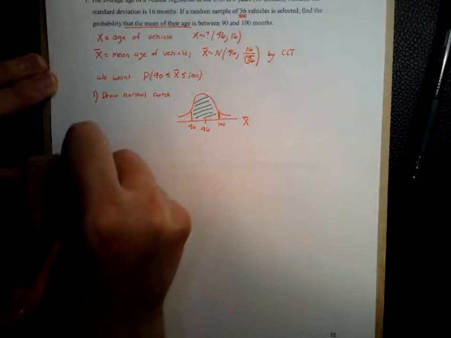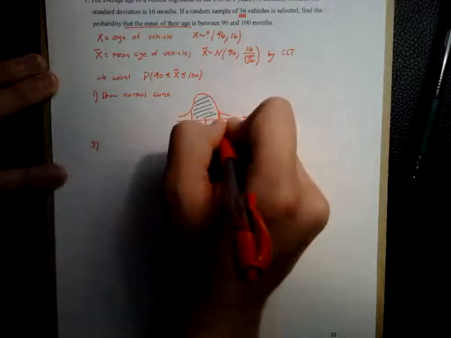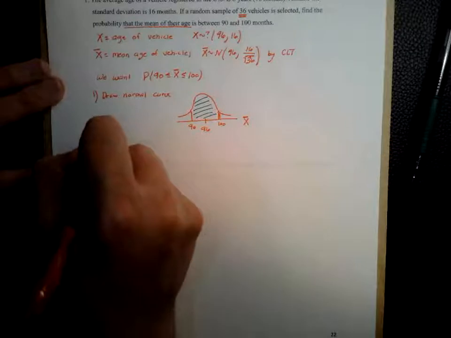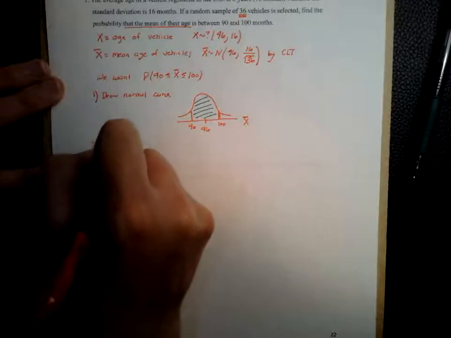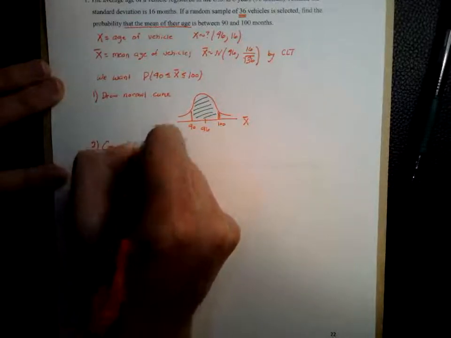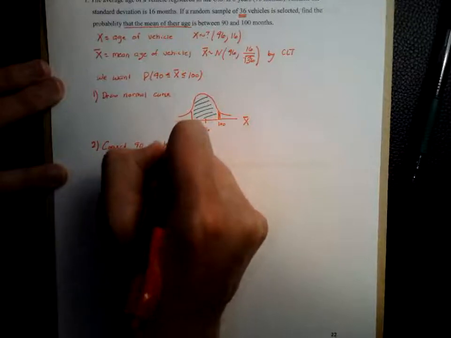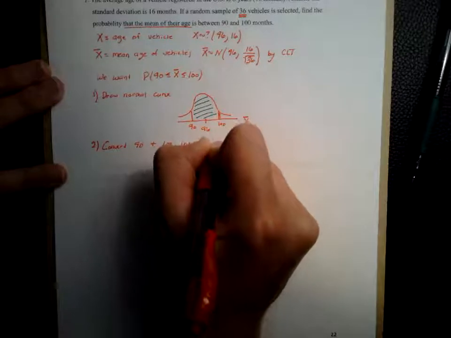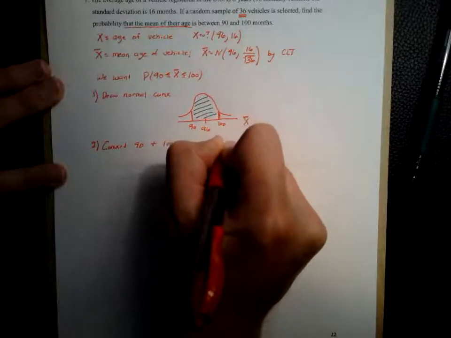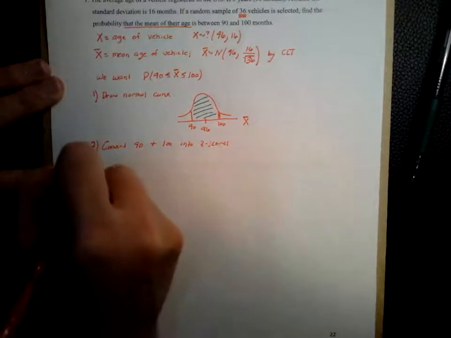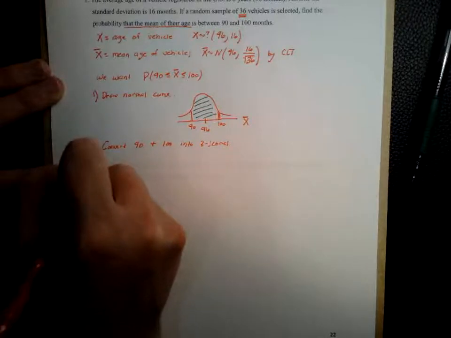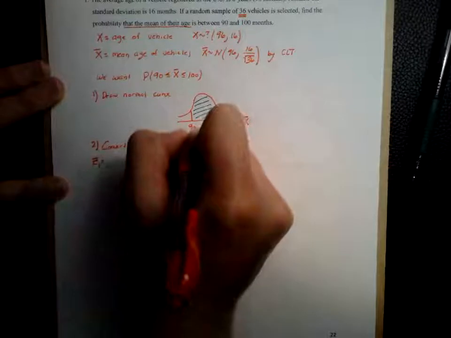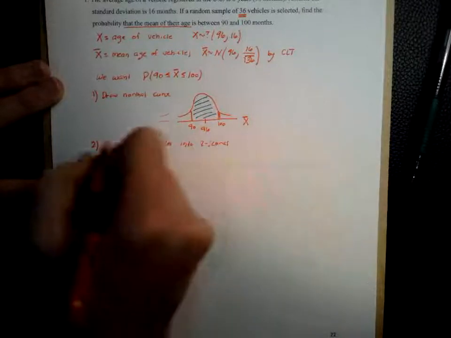Now let's do that in the second part. We want to convert these two sample mean values, 90 and 100, into z-scores. Let's say z1 is the z-score corresponding to the sample mean of 90.